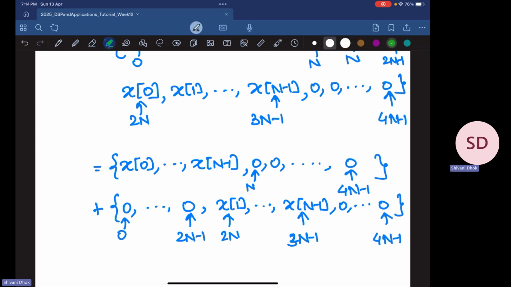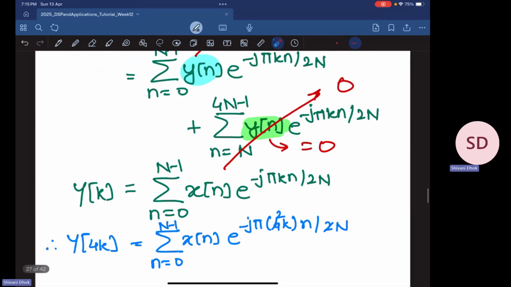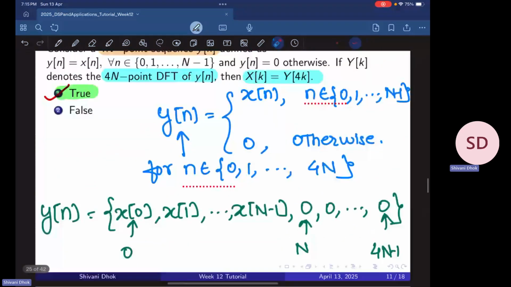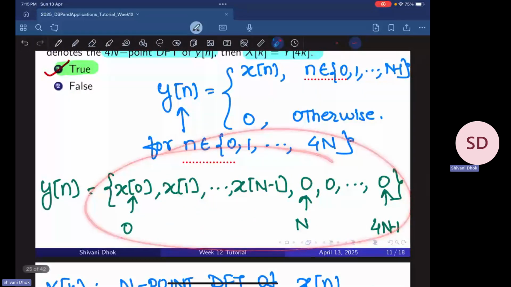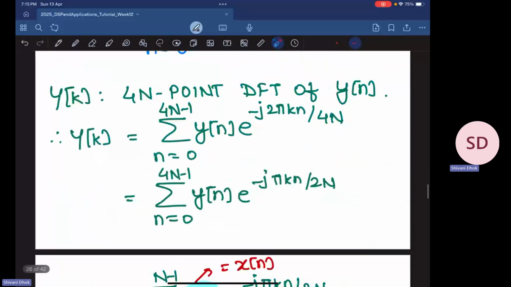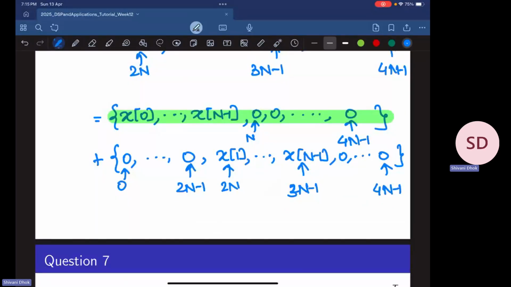Now if we observe carefully, this particular sequence which I highlighted in green is exactly the same sequence that we had in the previous question, which is my y of n. So this particular thing here is my y of n.